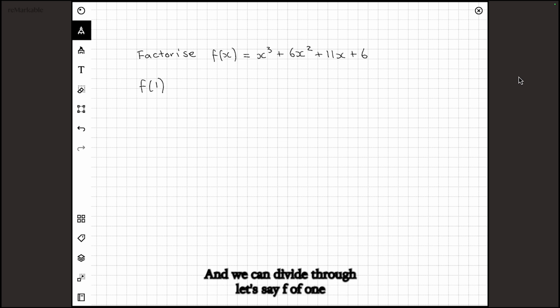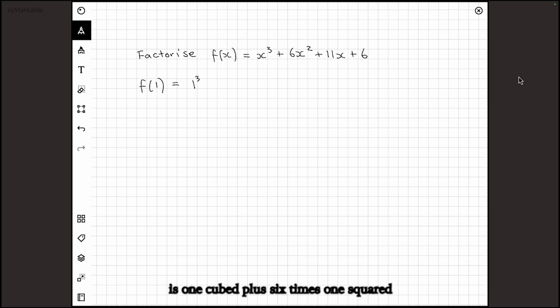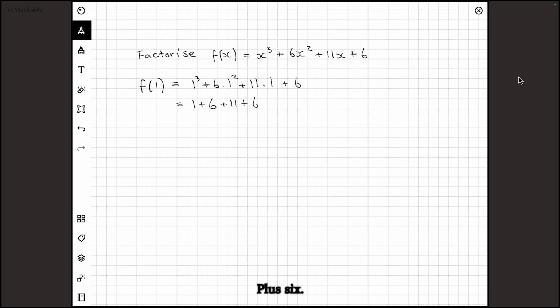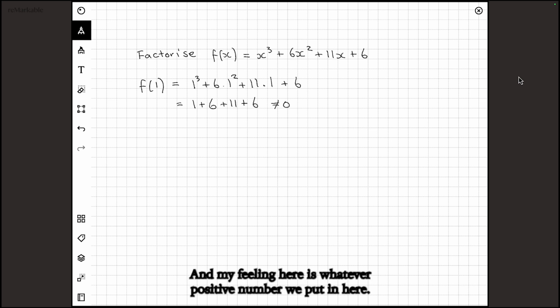Let's see. F of 1 is 1 cubed plus 6 times 1 squared plus 11 times 1 plus 6. That's 1 plus 6 plus 11 plus 6. Now that is not 0. And my feeling here is whatever positive number we put in here, it's probably just going to get bigger and bigger.